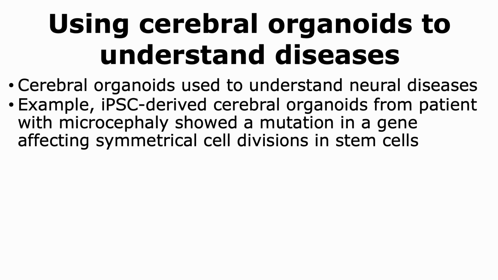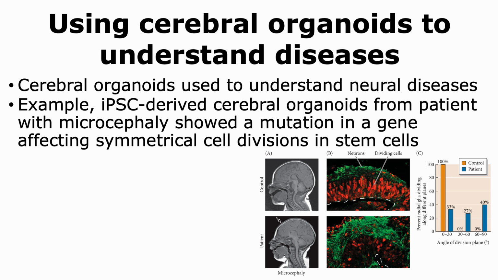Now, cerebral organoids have actually been used to understand diseases, especially neural diseases. Now, an example is where induced pluripotent stem cell derived cerebral organoids from a patient with microcephaly were studied. And what was found is that there was a mutation in a gene that was important for symmetrical cell divisions in stem cells.